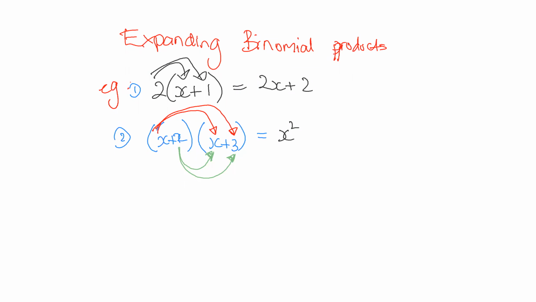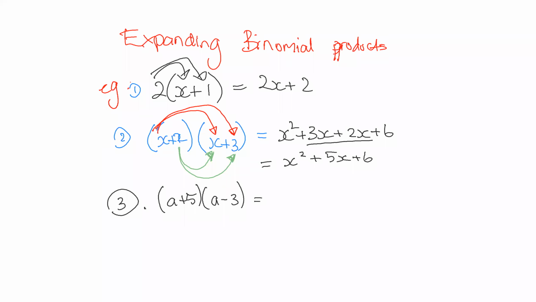And then you got x times 3 is going to be plus 3x. 2 times x is going to be 2x, so that's plus 2x. 2 times 3 is 6. All right, now we need to add the like terms. So the only like terms, 3x plus 2x is 5x.